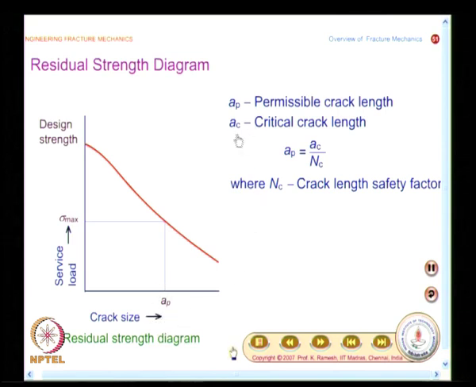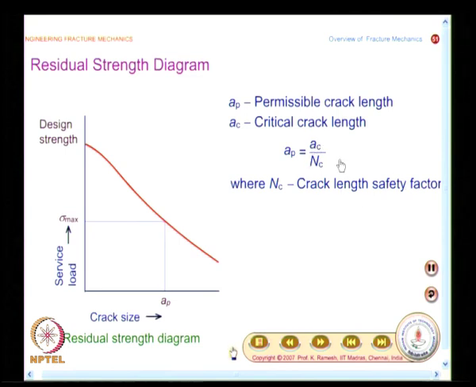Though I have what is known as critical crack length, we do not want to operate or go up to the critical crack length. We want to define what is known as a permissible crack length, and this is dictated by a factor very similar to our safety factor. You call this NC and you name it the crack length safety factor.